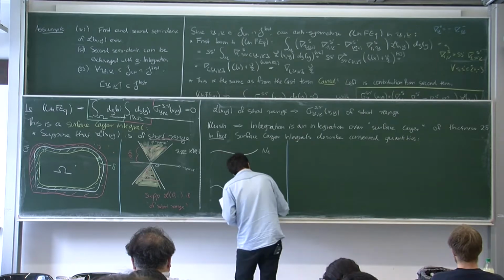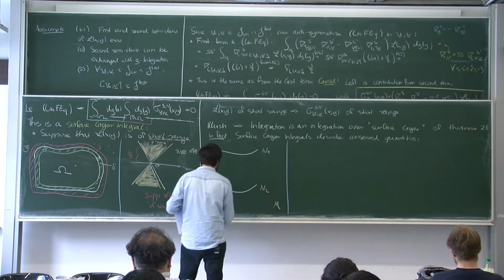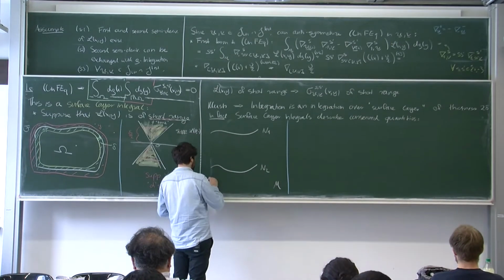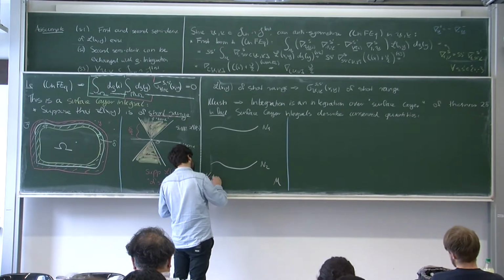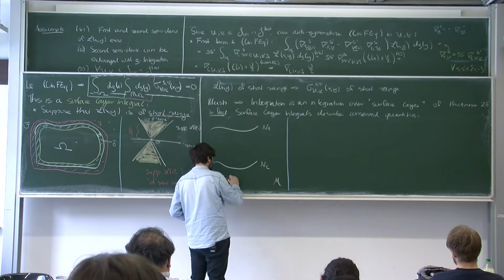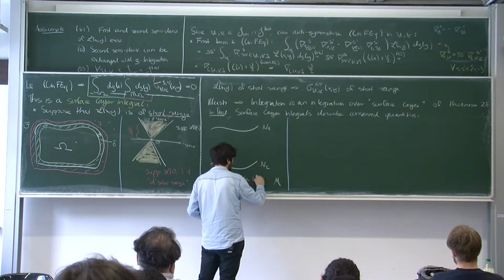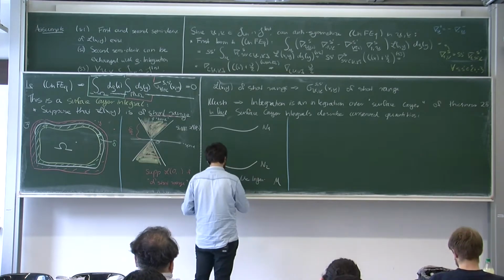So the whole blackboard is now M. It's a subset of F. And we'll just assume that N1 and N2 are something like hypersurfaces, space-like hypersurfaces.